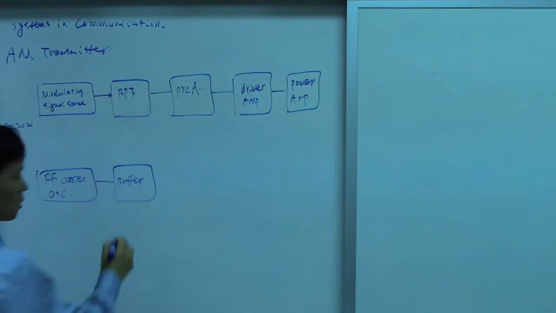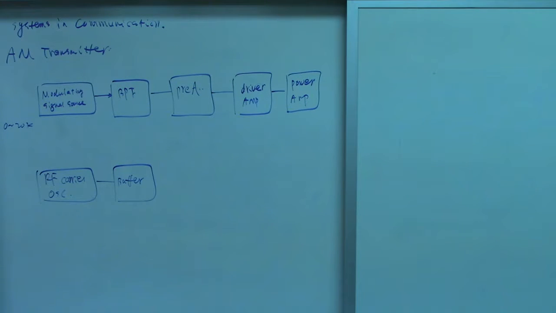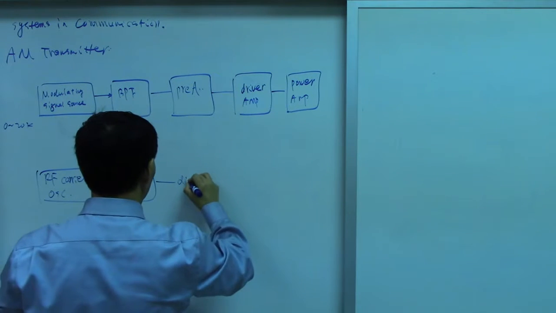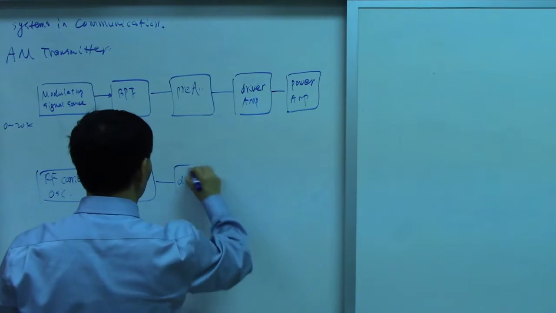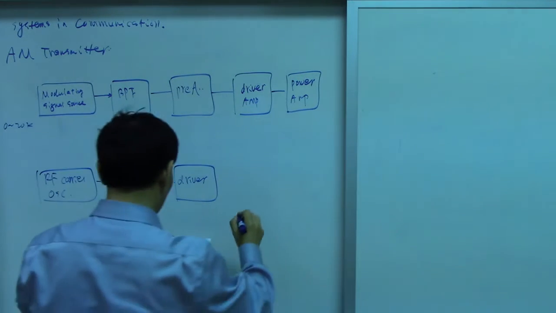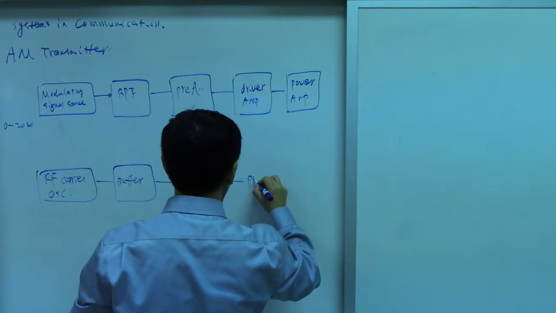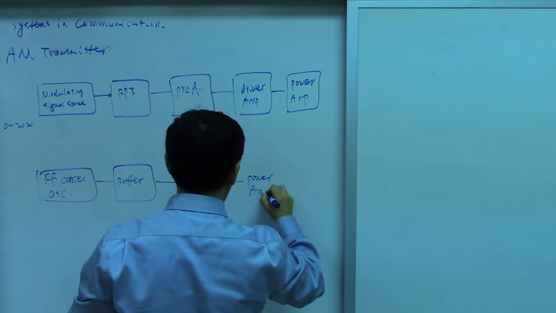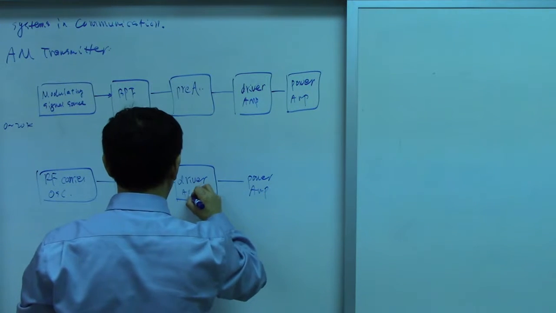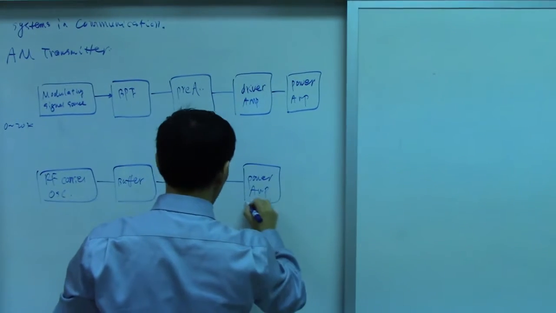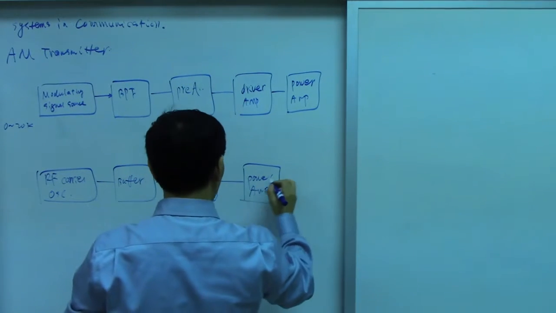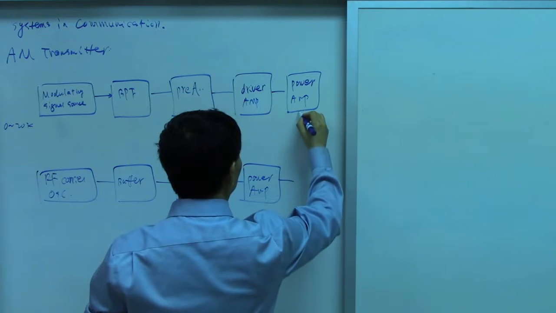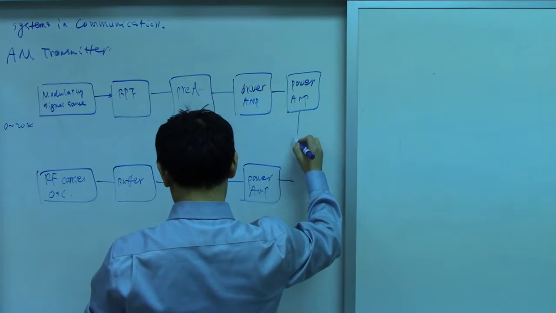Then we have a buffer. Buffer again is just an amplifier, right? And we have a driver, and we have a power amplifier. Once we have these, we use a modulator.